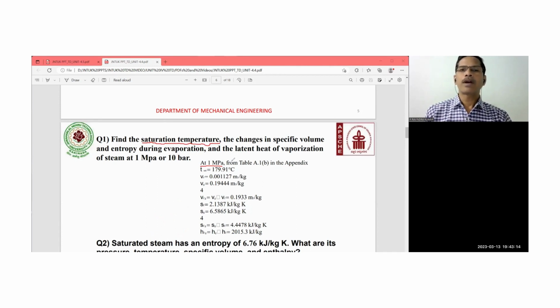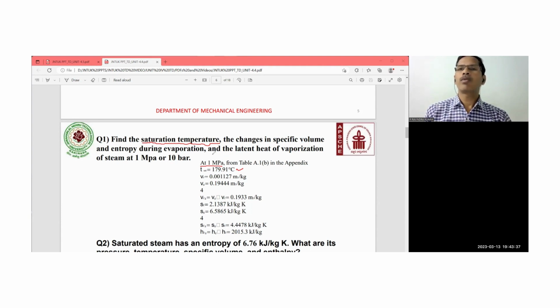So at 1 megapascal, you can find the saturation temperature. Already in the 34th video lecture, I have shown how to use the steam tables. So now what you have to do is keep the steam tables with you, that is a printed book or printed material. You have to keep that with you.